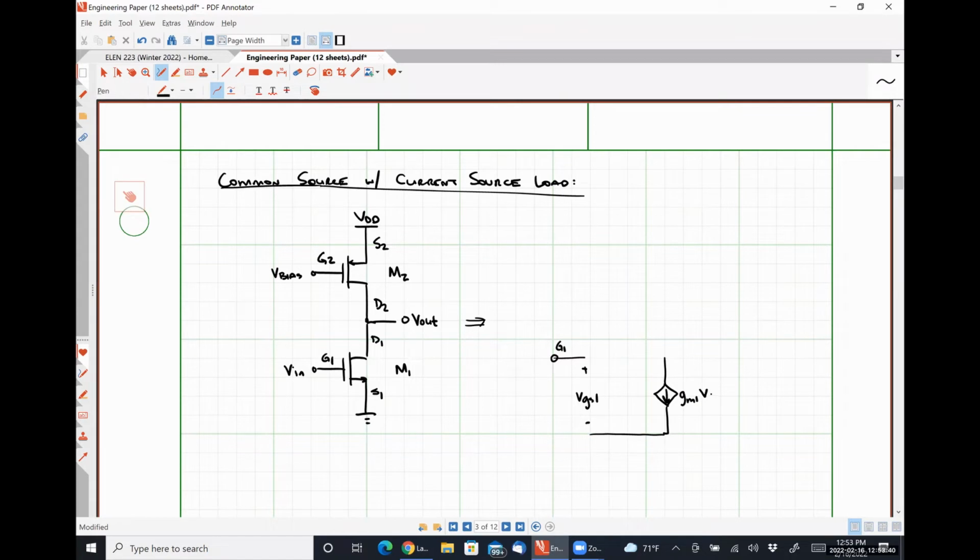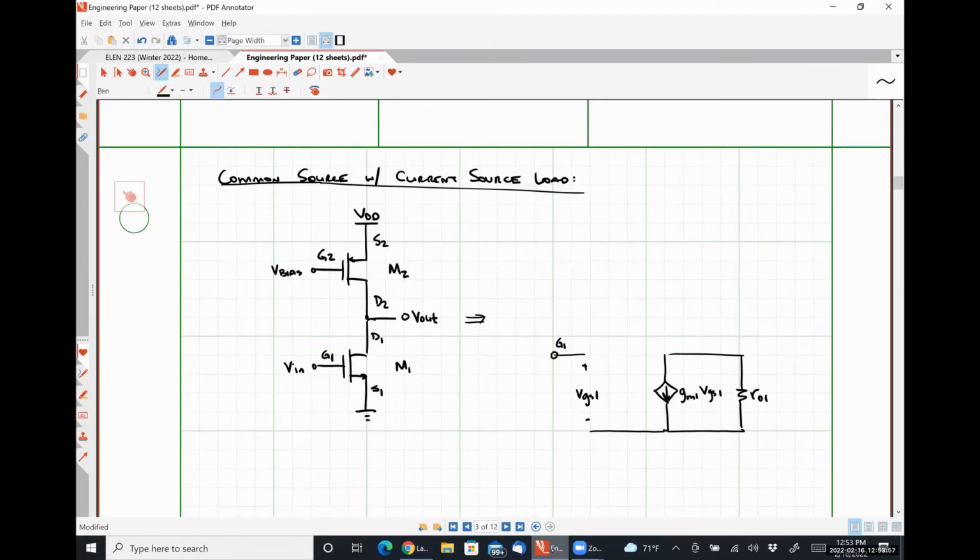Here's GM1 VGS1, and including the effects of channel length modulation, we're going to have resistance R01. And let's see, this is source 1, which is grounded. This is drain 1. And here's my output voltage. So that's the bottom half of this circuit. Everybody okay with that?